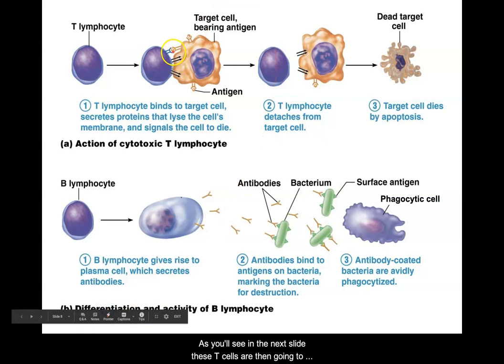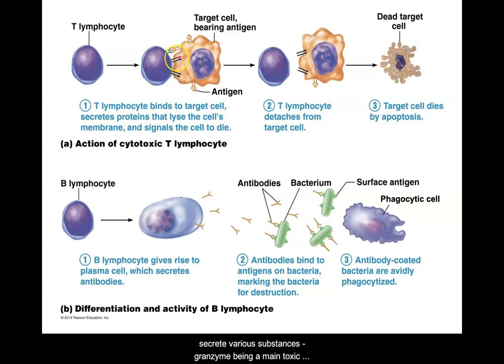As you'll see in the next slide, these T cells then secrete various substances, granzyme being a main toxic player, that kill off this infected cell that has, let's say, a virus. Maybe it's a tumor cell. The T lymphocyte doesn't die itself. It leaves after doing the job, and the infected cell goes off to die via apoptosis, a nice fancy way to describe cellular death.